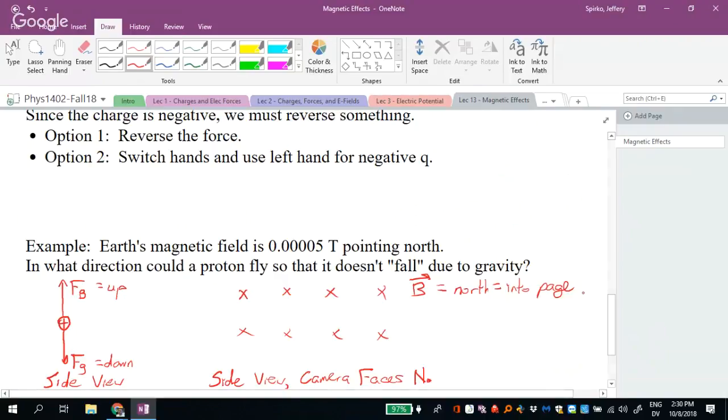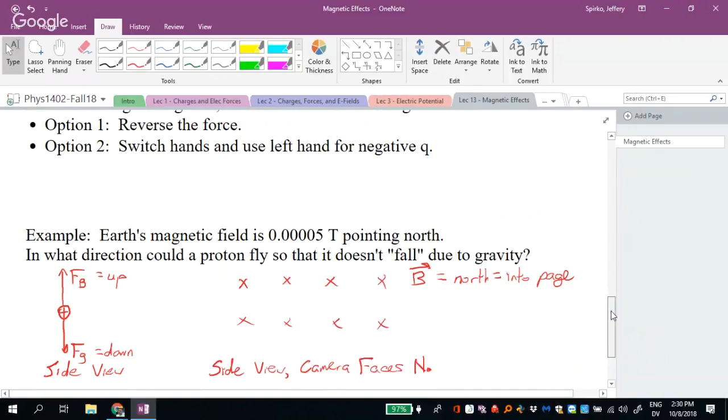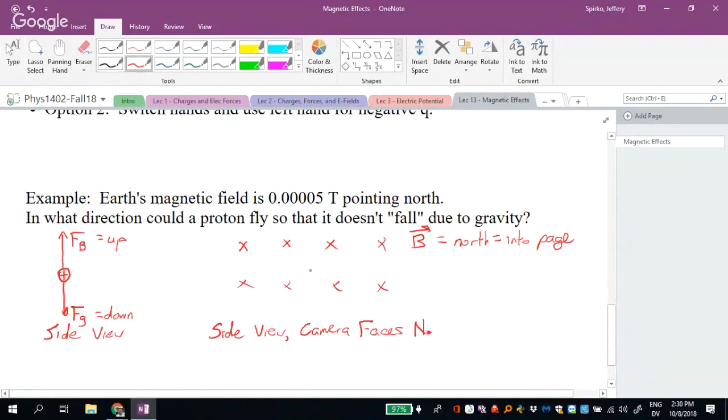Yes, that's the nice part of the camera view. The camera facing north view is up and down, or still up and down. Okay, so now we have our particle, our plus, and we want F sub B equals up.